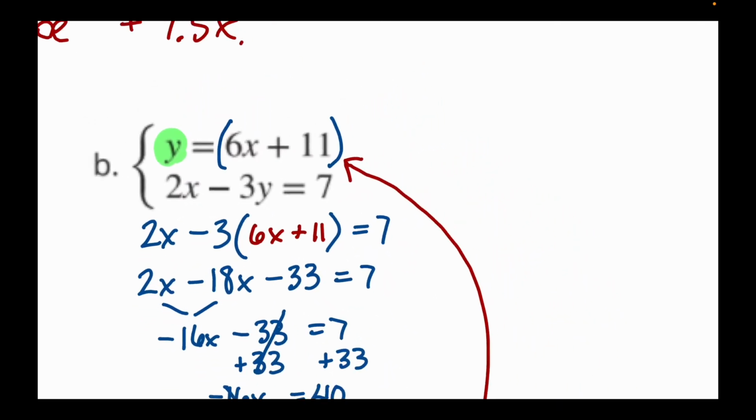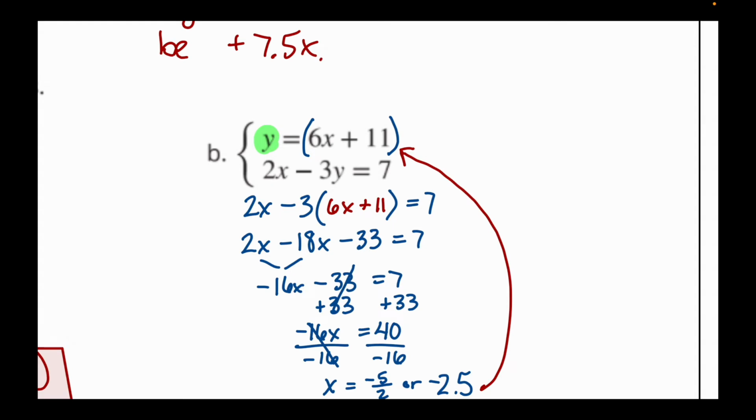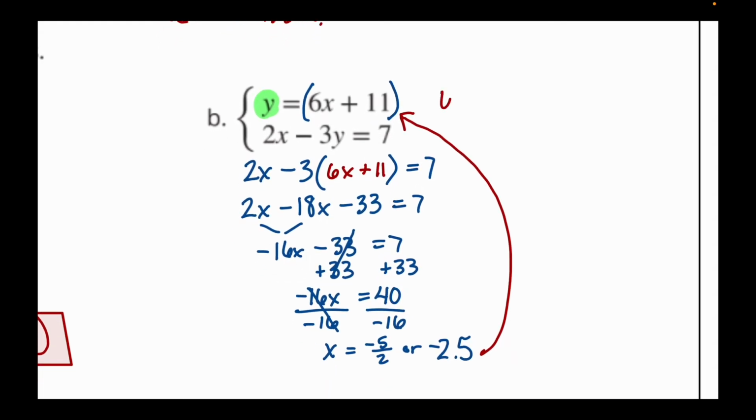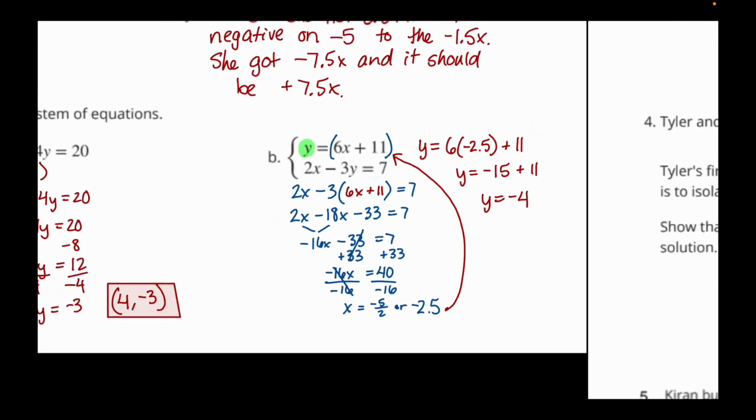And then y, since y is my original teacher here, is going to say, oh, okay, great. So 6 times negative 2.5 plus 11. If we multiply that part out, we're going to get negative 15 plus 11, and that's going to leave us with negative 4 for y.